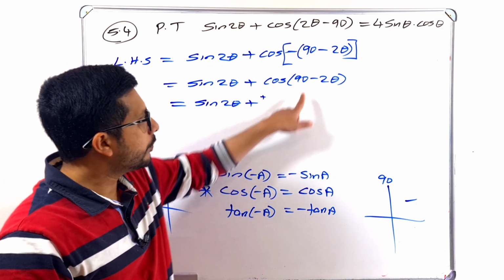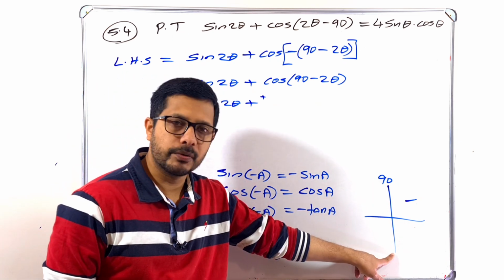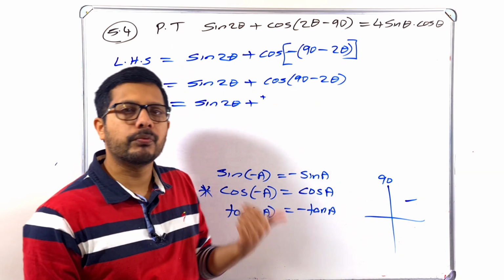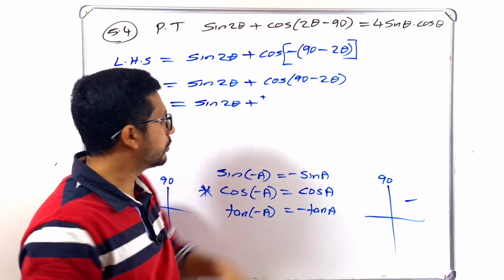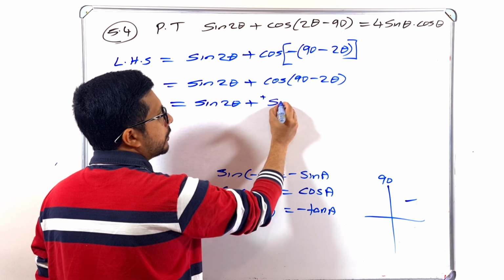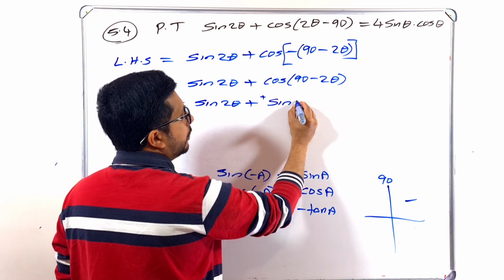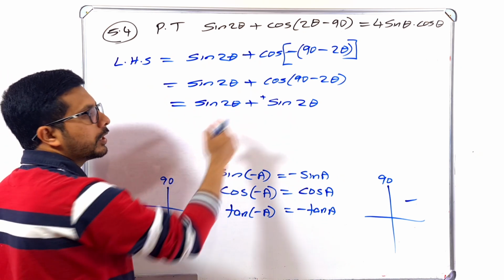Then if it is based on 90 or 270, the vertical line, you have to change to its cofunction. What is the cofunction of cos? It is sine. So it is based on 90, so we have to change to its cofunction, that is sine, then the angle 2 theta. So plus into plus is plus.